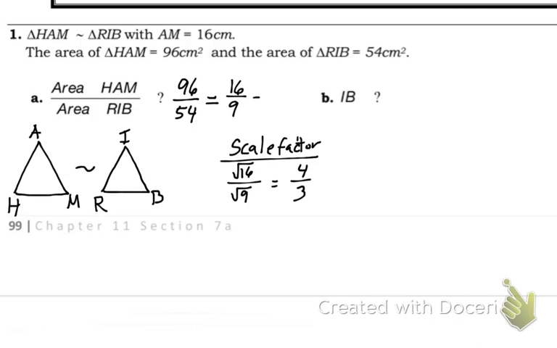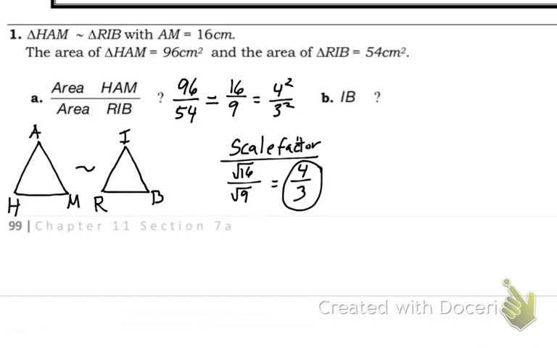The other way we can look at that is this is actually 4 squared and 3 squared. So my scale factor is always when I take the square root of the numerator and the denominator.